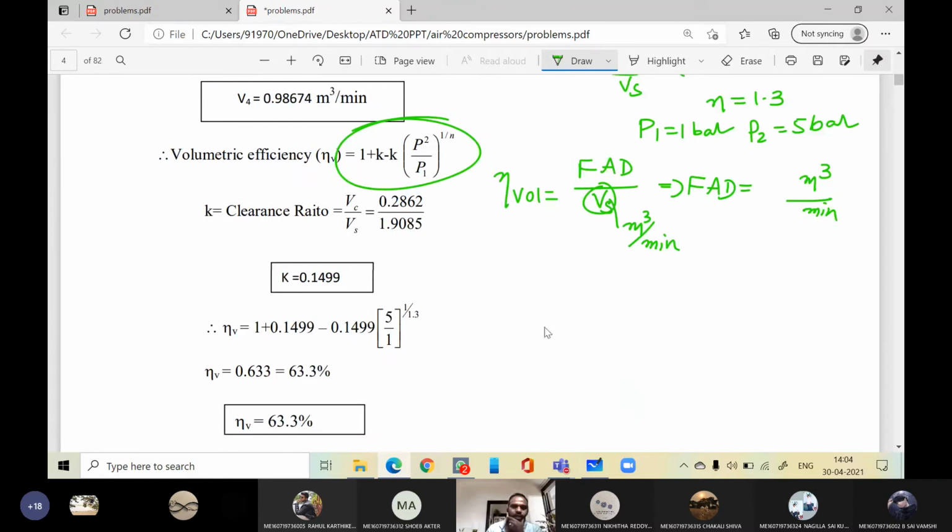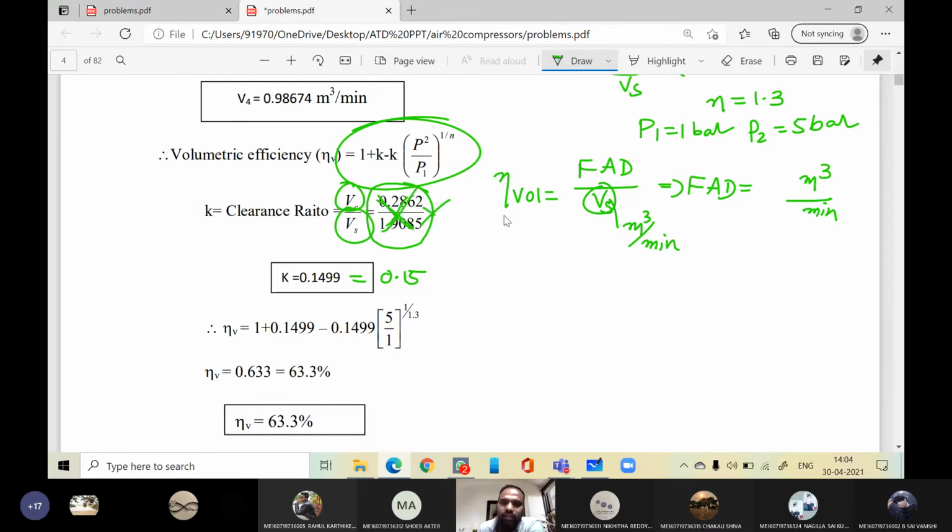Here same procedure. K is calculated. Here, this value need not be calculated, because directly it should be 0.15 almost, because in the problem he has given clearance is 15% of swept volume. He calculated clearance separately and swept volume separately, and again divided. Need not do this.